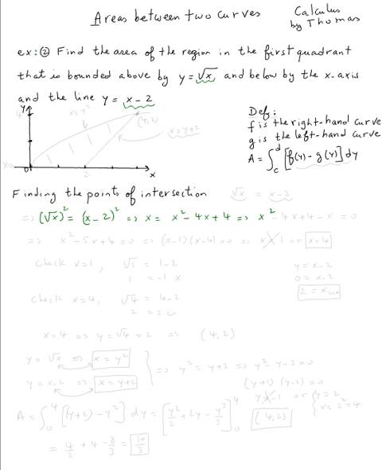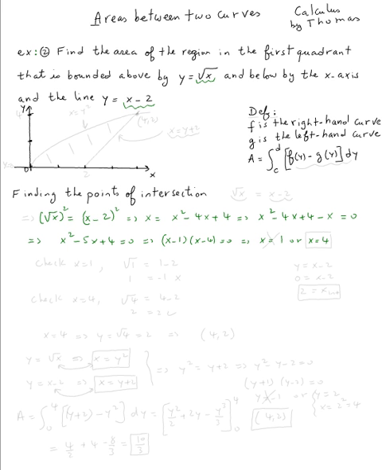So this means x squared minus 4x plus 4 minus x is equal to 0, which means x squared minus 5x plus 4 is 0. So let's factor this. If you factor it, it's going to give you x minus 1, x minus 4 is 0, which means x is equal to 1 or x is equal to 4.